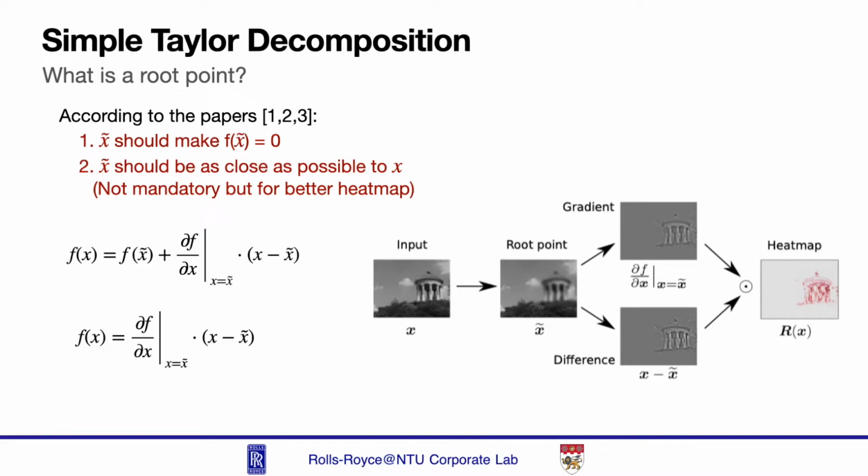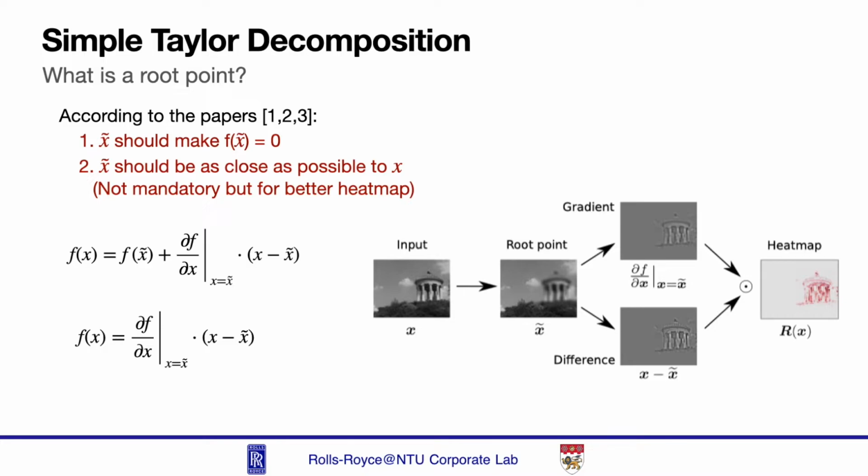So look at the demonstration here in the right bottom. The input image is x, and we find the root point x tilde. So in here we just blurred the image. And now when the image is blurred, the f of x tilde equals 0. And that way, we can get the difference.